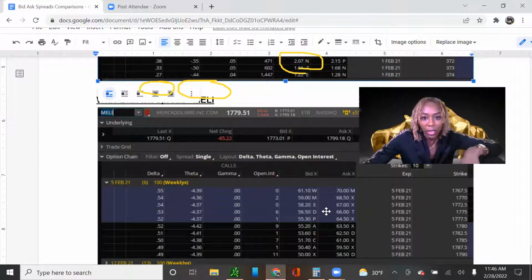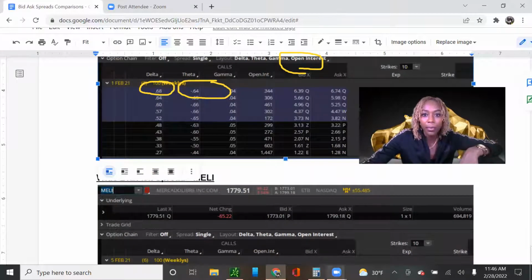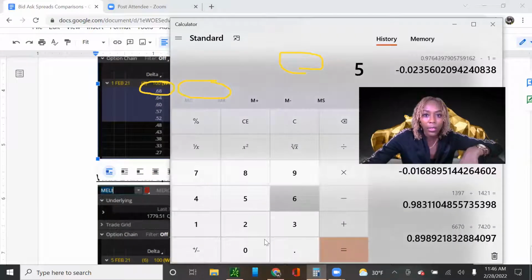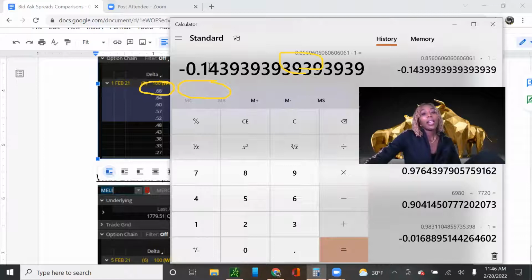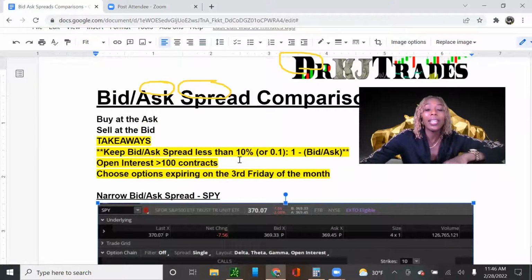Let's do the math. 56.50 divided by 66 equals. So we got a -1. That is 14%. And that may not seem like a big difference, but I just showed you guys, that's $1,000 that we're just giving away to somebody else. Why do we want to do that? Well, we could just pick a better stock to trade options off of, okay? So you want to make sure that your bid-ask spread is less than 10%, okay?